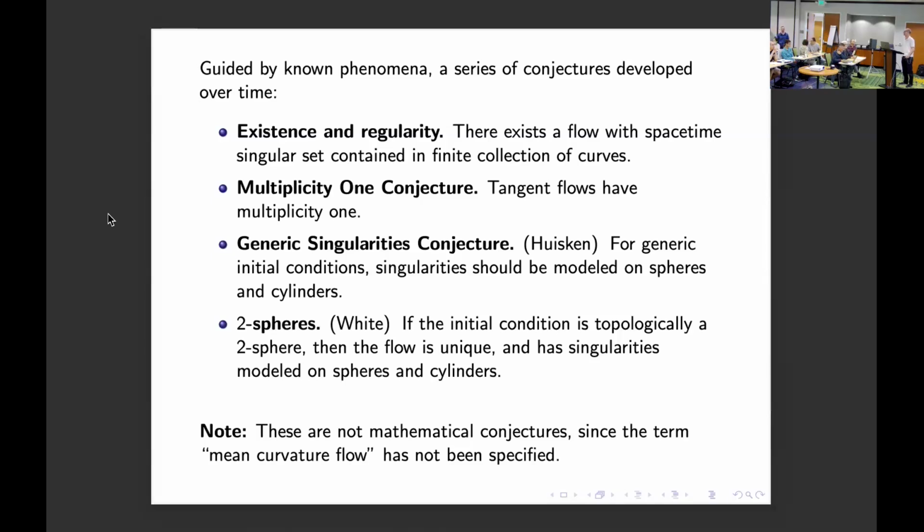Do you expect to classify compact self-shrinkers, since most of the examples that were given are known or thought to be non-compact? I think for high genus, there's not really any hope. I'm not aware of anybody being hopeful about it. It could be compared with the project of classifying minimal surfaces in R3.